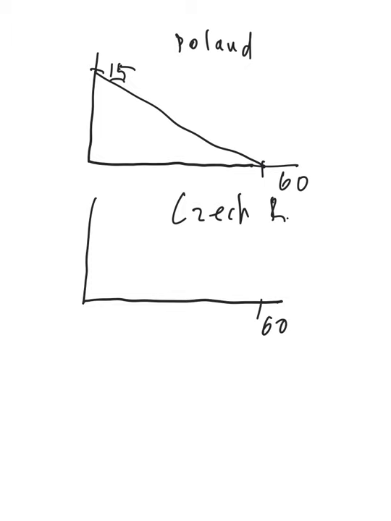So the Czechs have the same 60 point, but their intercept is lower down. I don't like that line, so I'll make it a little bit nicer and erase it. Okay, let's make the line straighter. Still not great, but good enough.